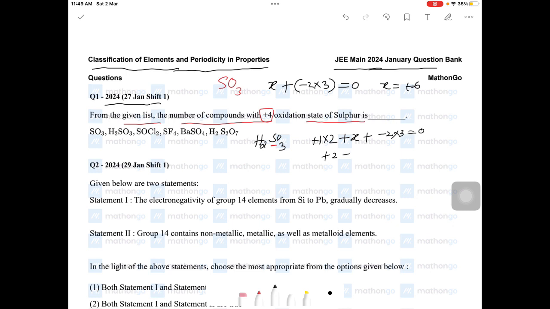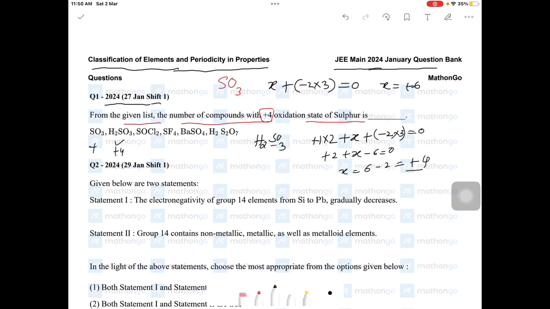Here +2 plus X, -2 into 3 is -6, so +2 plus X minus 6 is equal to 0. X is equal to +6 -2, which is +4. Now the oxidation number of sulfur in H2SO3 is +4.